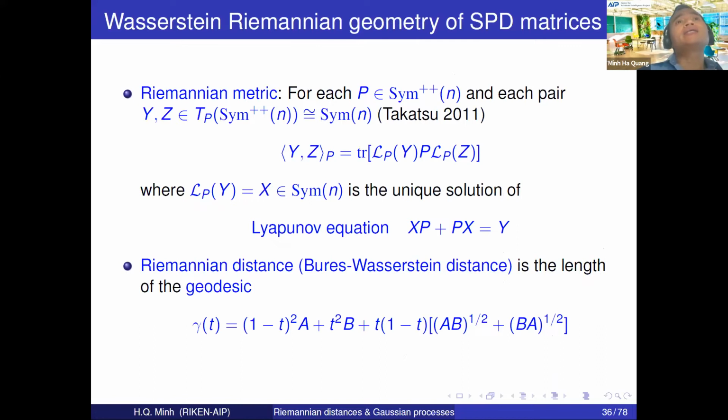This also has a Riemannian structure. It also comes from a Riemannian metric if you assume that the covariance matrices are all strictly positive. The metric is given by this formula here, and the distance is the length of the following geodesic. So it also has a nice closed-form formula.